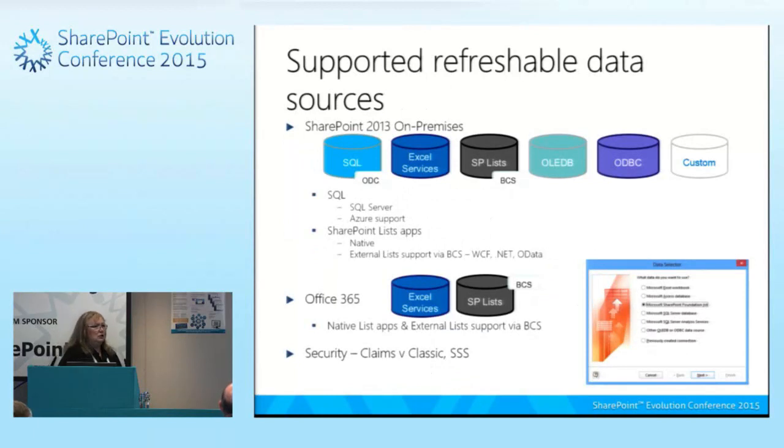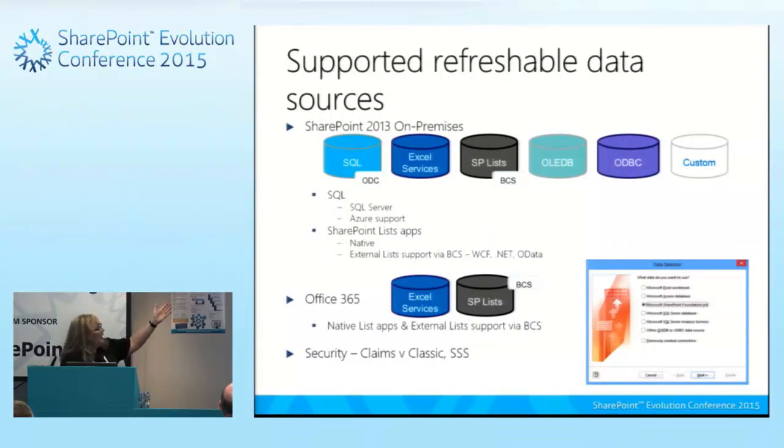So as I said, when you know about your data, your solution creators do need to realize that there's a difference between an on-premise solution and an Office 365. So on-premise, you can get the information from many, many different places.